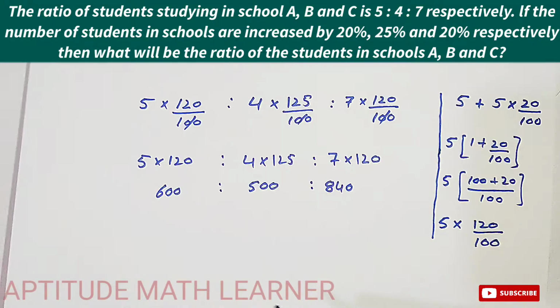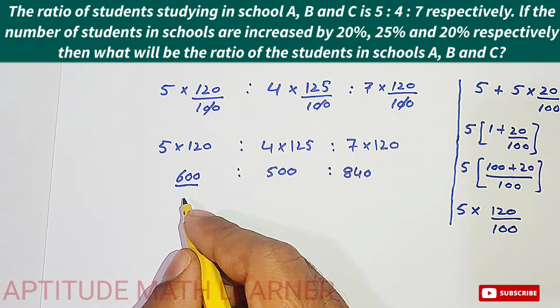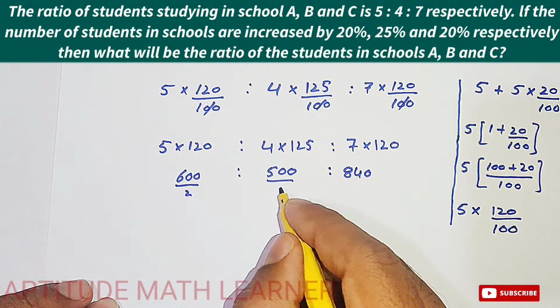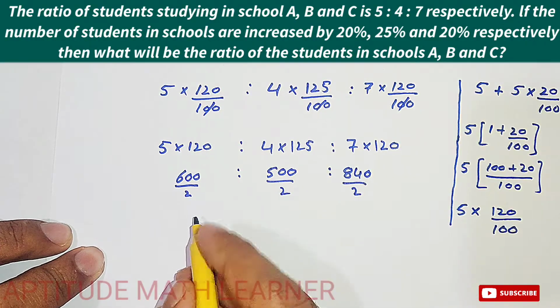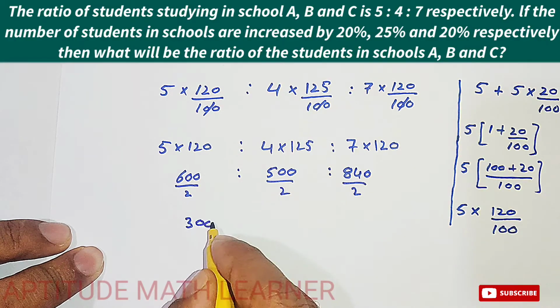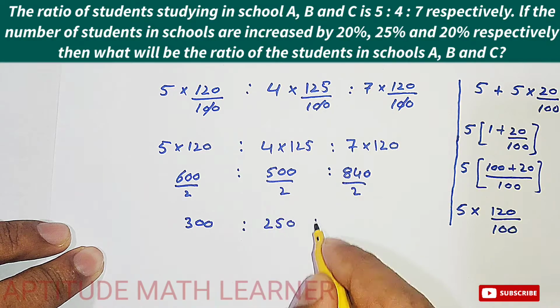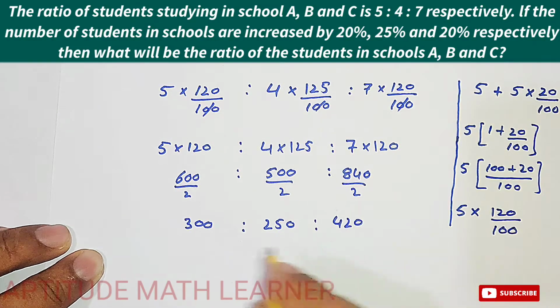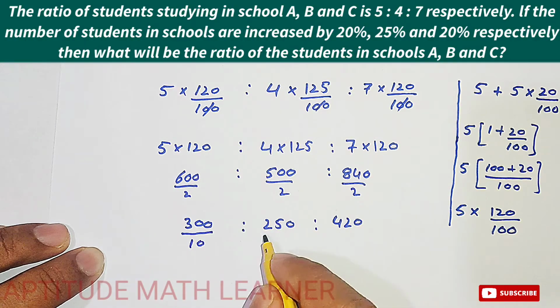Now to make it in the simplest and shortest way, we divide by 2 to take out the new ratio. So this becomes 300, 250 ratio, and 420, and this could also be divided by 10.